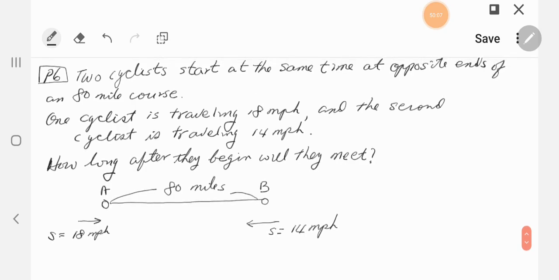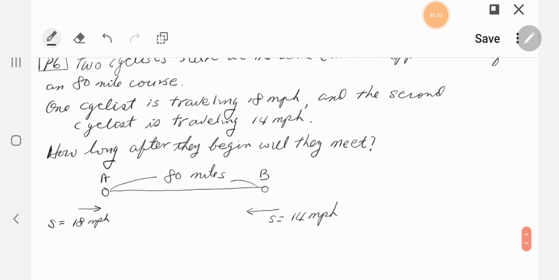So one car is starting at location A, and the other car is starting at location B. They are approaching each other, and they will meet at a certain point. Car A is going right at 18 miles per hour. Going to the left is 14 miles per hour.